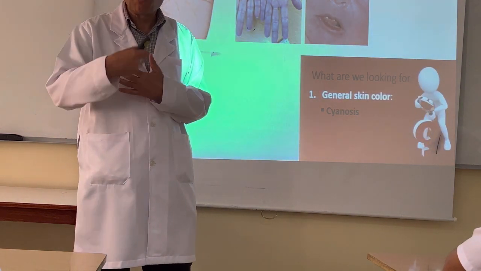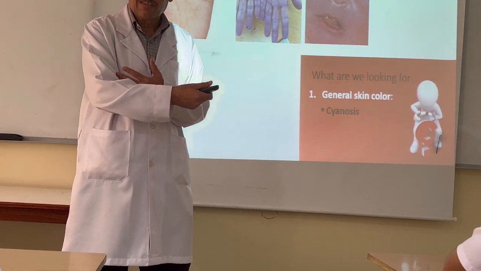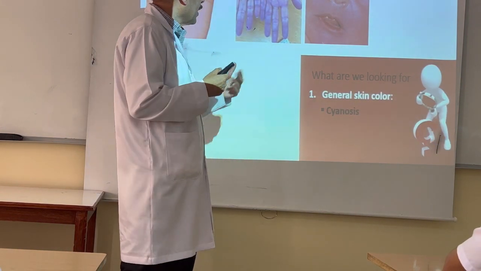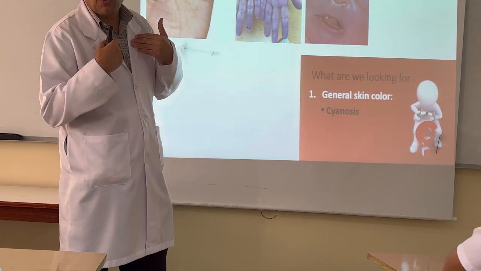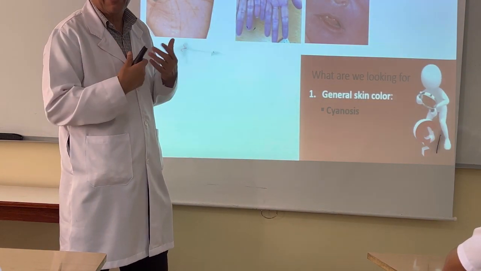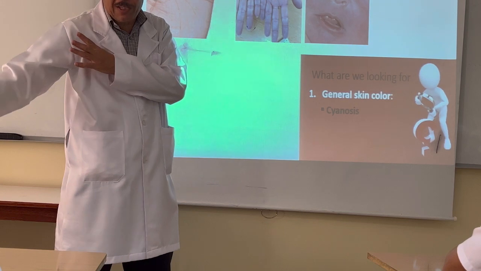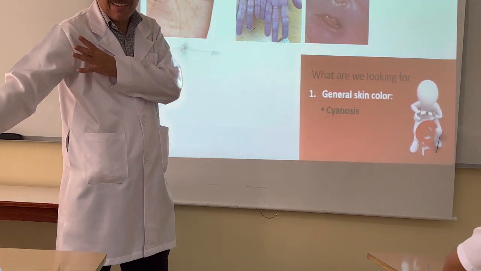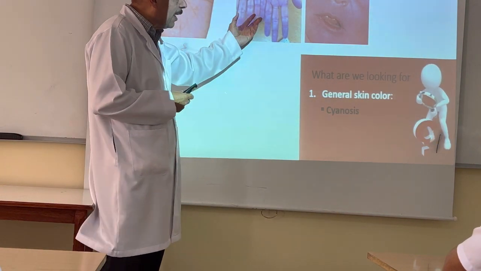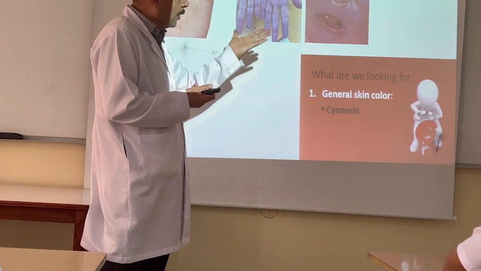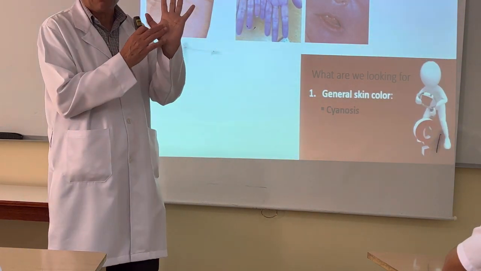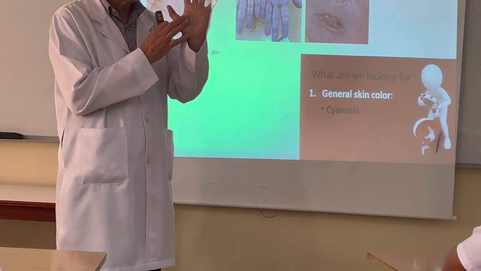Cyanosis, which is bluish discoloration, means that the skin is abnormal. It is related to what? It's related either to respiratory system or cardiovascular diseases. So both of them affect it, and cyanosis will be there. We can see it regardless of the color of the patient's skin.